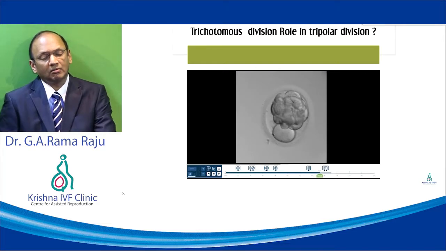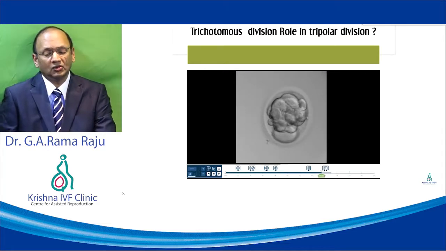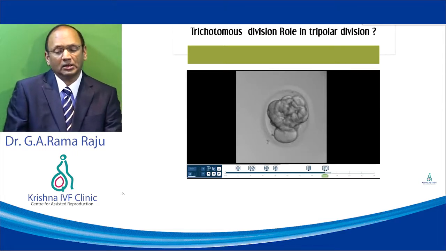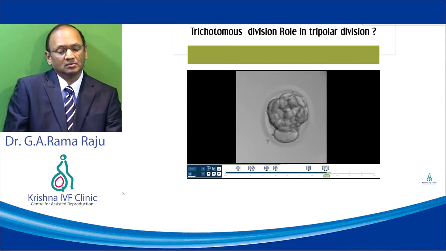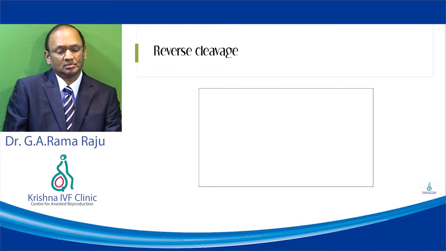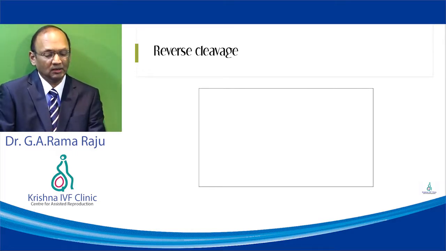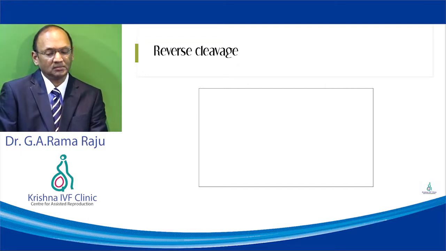And if I have 2 normal embryos which are perfect, this embryo I would not transfer, but it will look like a beautiful blastocyst. So these are the events we are missing at this point of time.